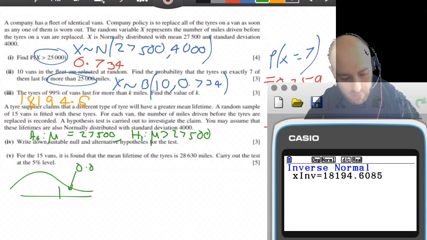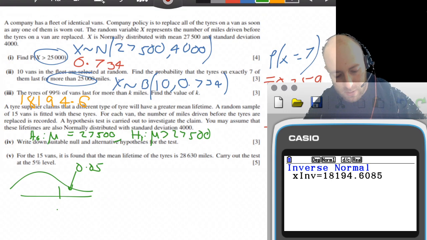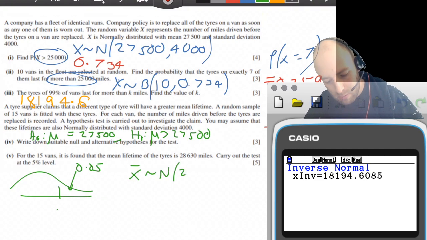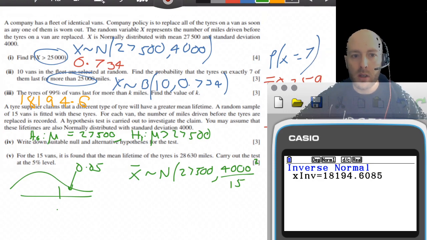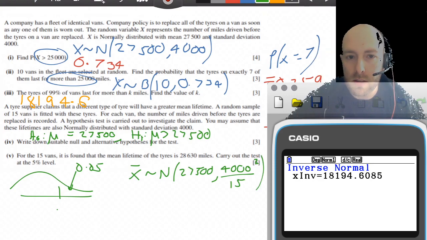Let's find our critical region with 15. So the sample mean is going to be x bar, with mean 27500 and variance sigma 4000 squared over 15. So put that all into the calc.